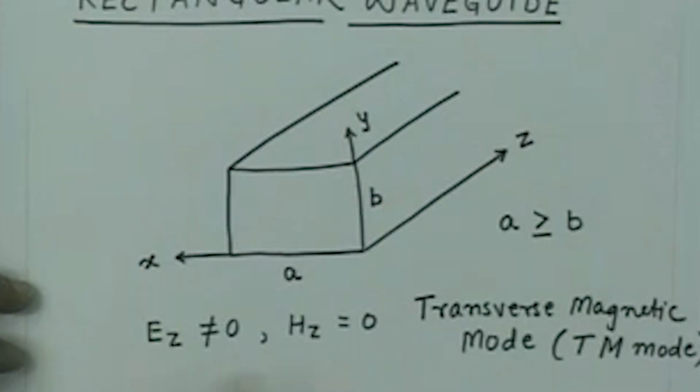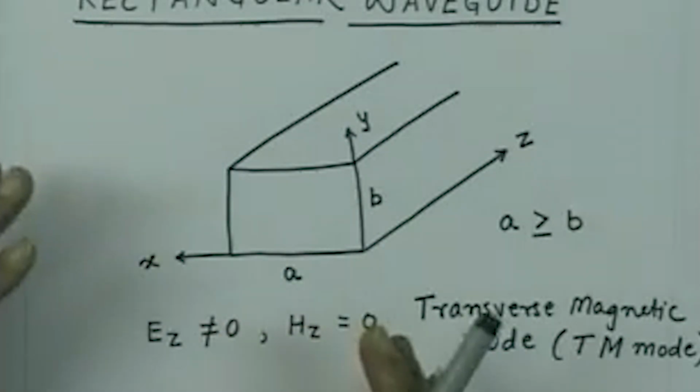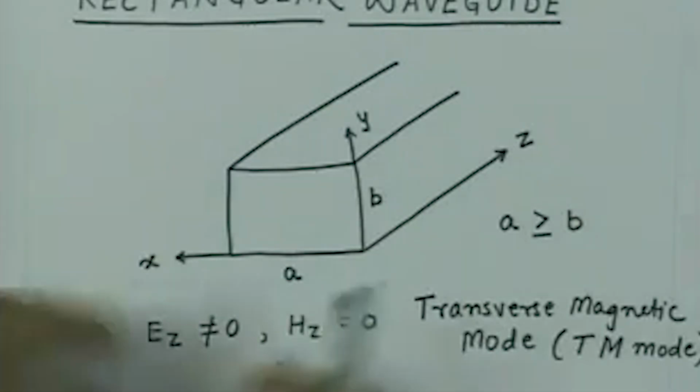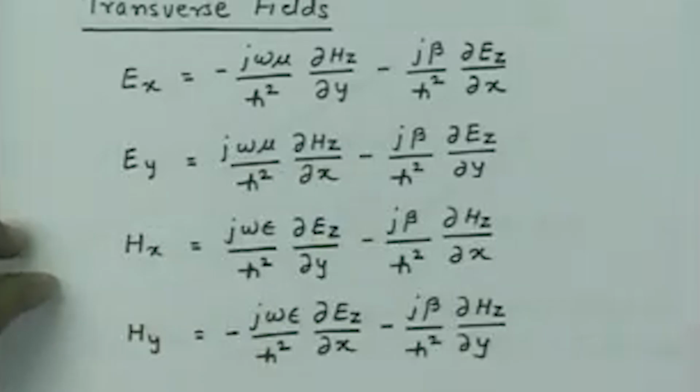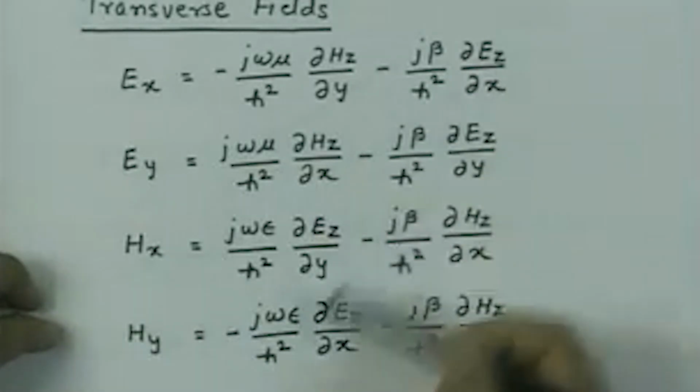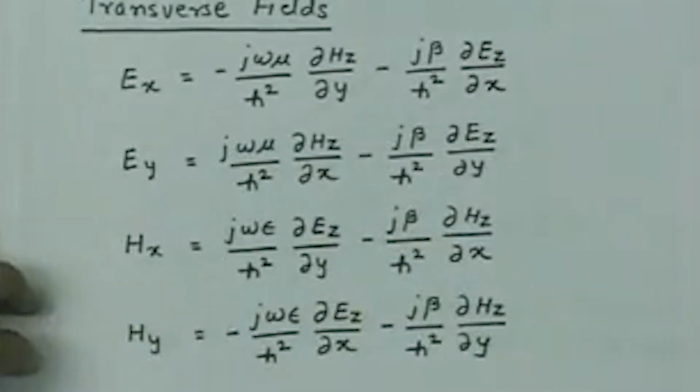Of course, Ez and Hz both, or all field components for that matter, have to satisfy the wave equation inside this structure. So, the approach is as follows. First we solve the wave equation for this longitudinal component Ez, then we go to the expressions which we derived last time for the transverse components, substitute Ez and Hz equal to 0, and we will get the transverse fields for the transverse magnetic mode.